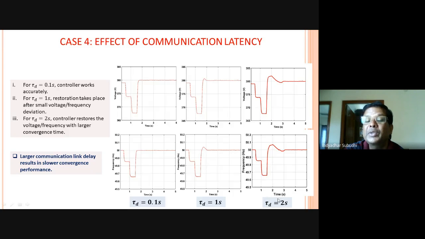And if you increase the latency further, there is more deviation in the voltage. So there are two things we observe: if the communication latency increases, it takes more time to converge to the nominal value, and there are also some oscillations around these nominal values in case of higher latency.